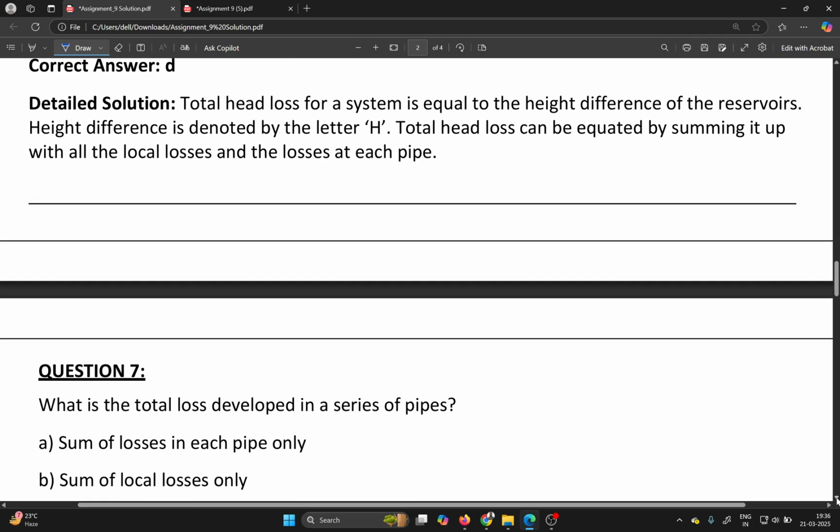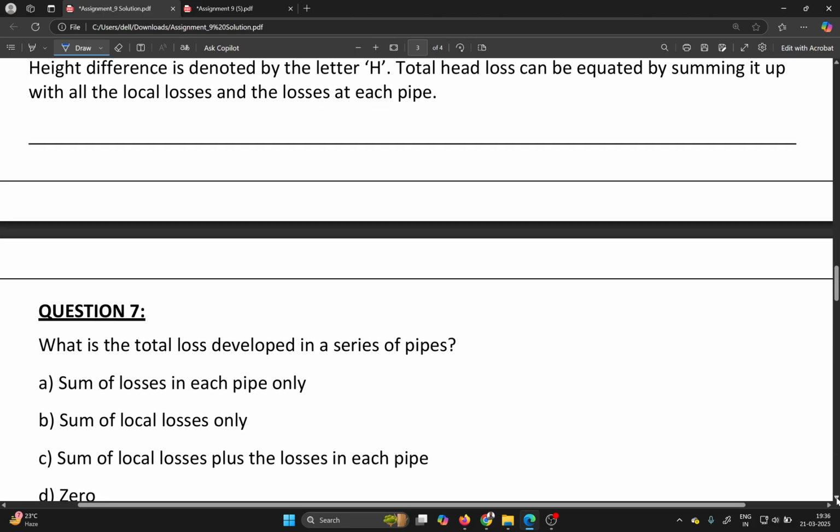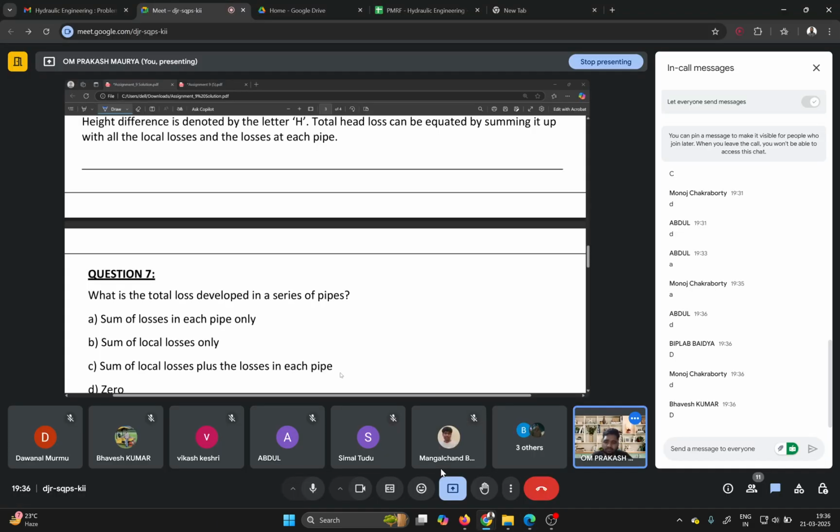Question number 7. What is the total loss developed in a series of pipes? Sum of loss in each pipe only, sum of local losses only, sum of local losses plus the losses in each pipe, and 0.